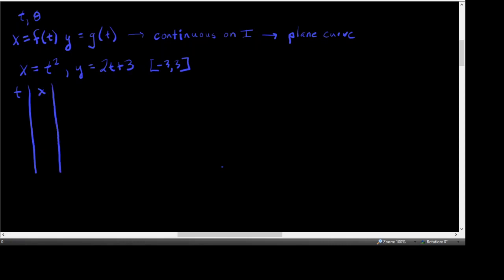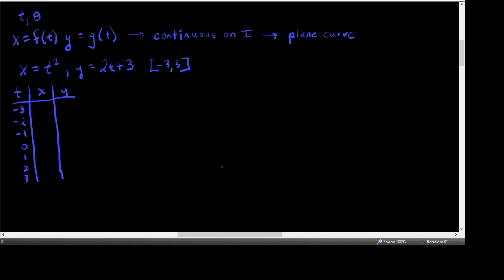And later we'll find if maybe there's a shortcut or a faster way to do this. But for right now, let's just make up a bunch of values for t on our interval. I like integers because they're easy to calculate. Of course, you could use other numbers in that interval, like square root of 2 or something, but why would you? It makes for a harder problem.